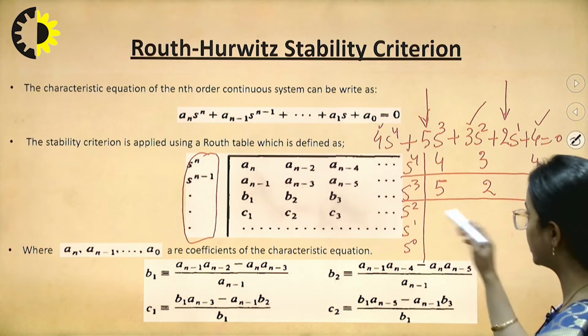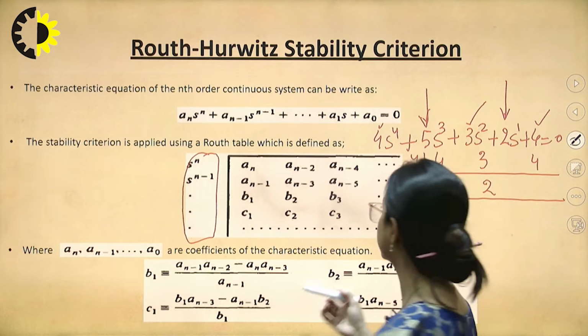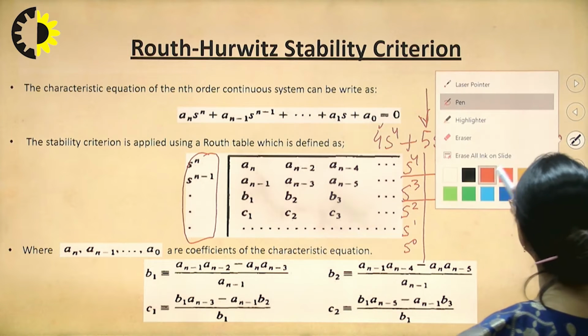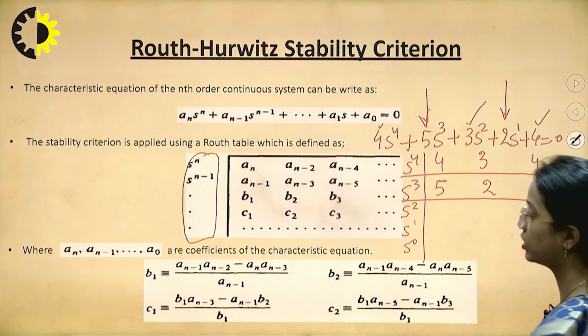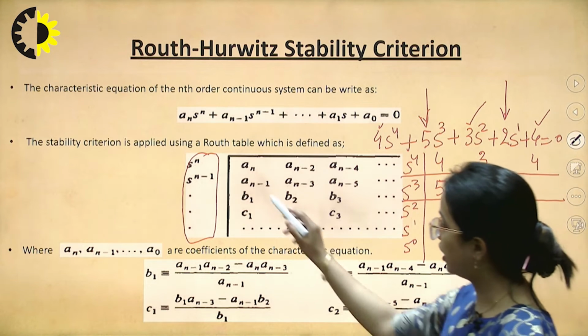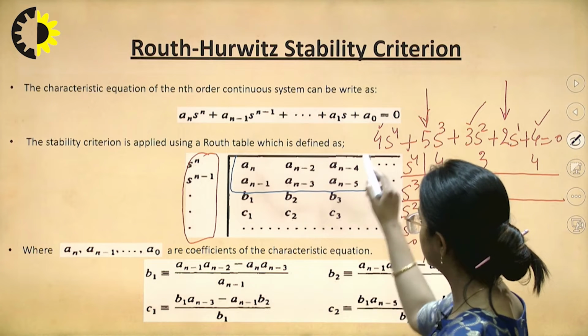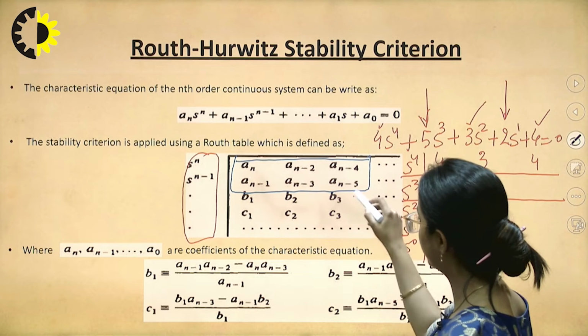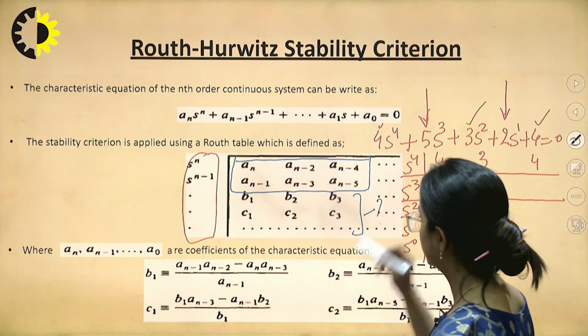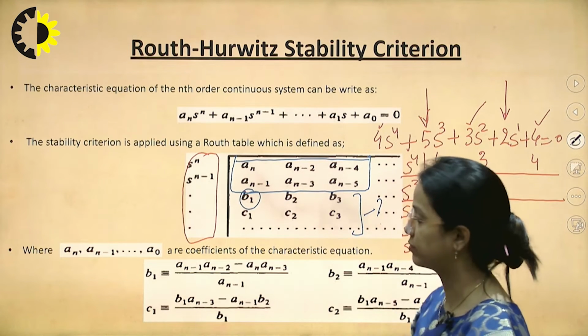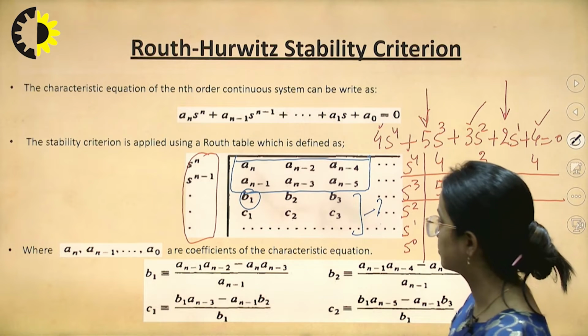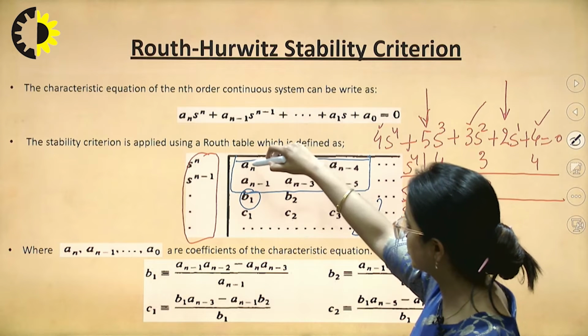Now we have to complete the given table, and there are certain rules to complete it. We have done this portion. We have to find out this. Now how can we find B1? B1 is this into this.